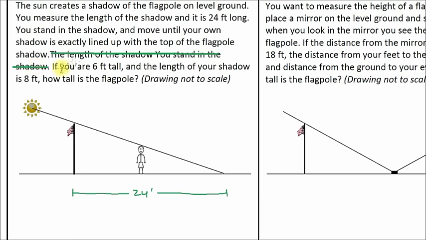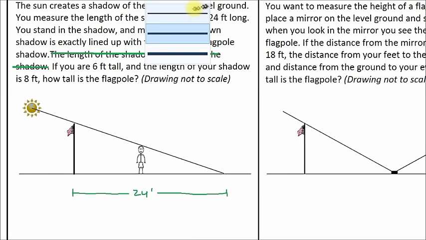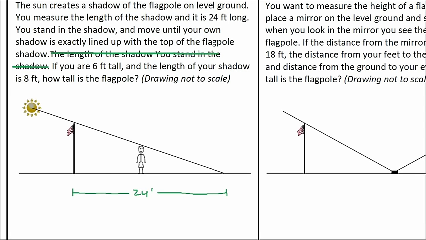Okay. Last thing. If you are 6 feet tall and the length of your shadow is 8 feet, how tall is the flagpole? And it says drawing not to scale, so don't use the drawing to estimate. Use the values that we've given you in the question. So if you're 6 feet tall, let's go ahead and measure that. I'm going to draw a line right through this little picture of a body.